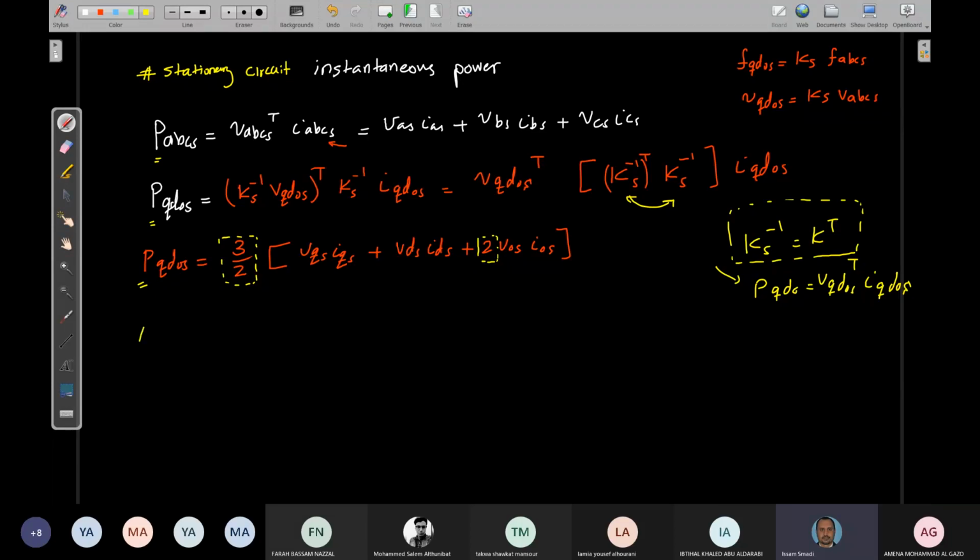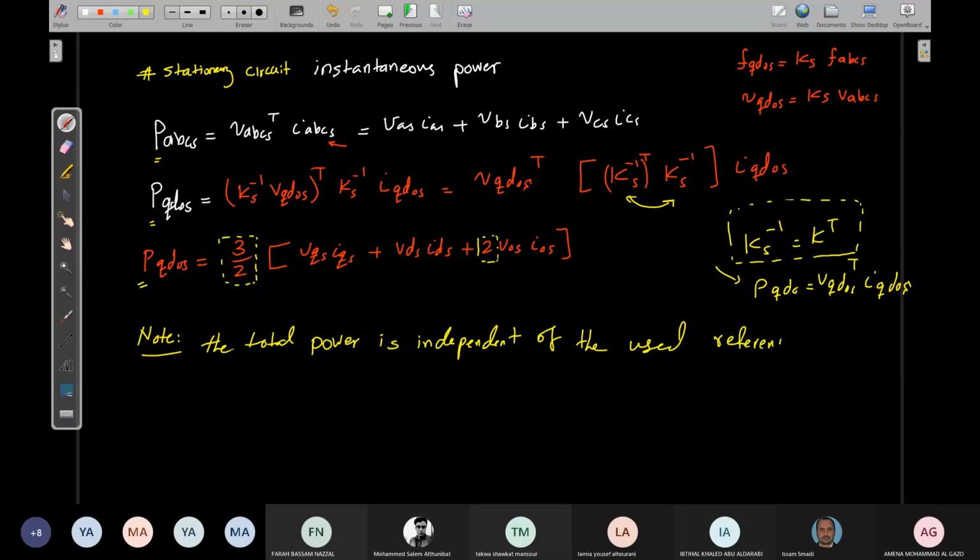So here I will write a note for you that the total power is independent of the used reference frame. Which means that the waveform of the power is the same regardless of the reference frame I'm using.